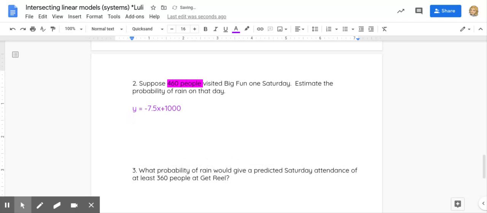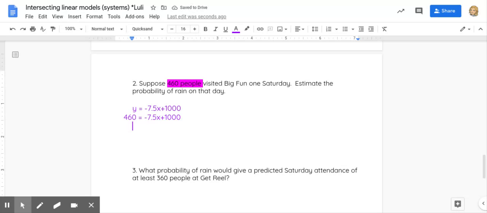We're going to plug in the y this time, which is 460 equals, the right side stays the same, negative 7.5x plus 1,000. We really want to try to get that equal sign underneath each other, so feel free to reformat or space it over.